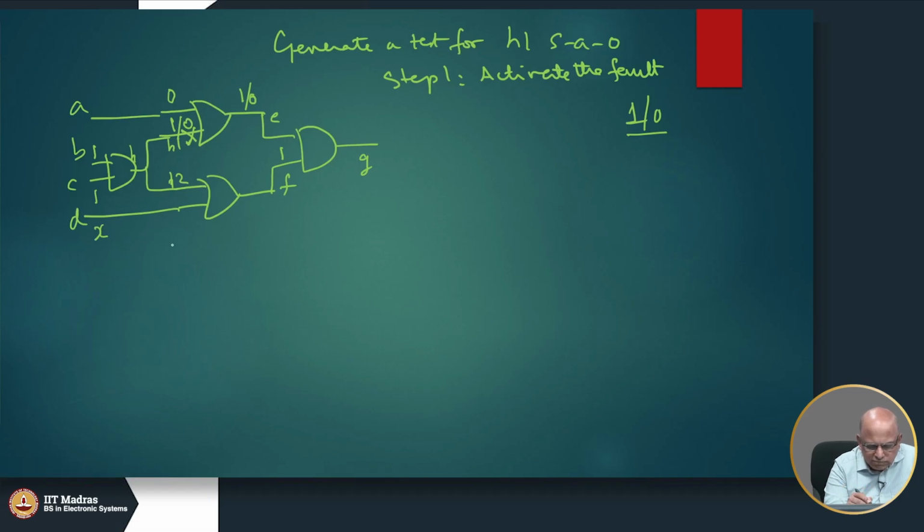So, the test vector is 0 1 1 x. That means I have 0 1 1 0 as a vector and 0 1 1 1 as a vector. So, both will work, and in either case, right, the good circuit will produce a 1, a faulty circuit will produce a 0.